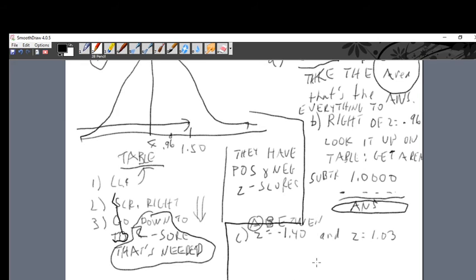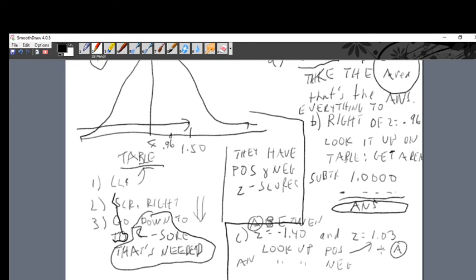Okay, so here's what you do. You look up the positive z-score and the negative z-score. Look at a positive z-score for this, and look up the negative z-score for this, right? So you're going to look up z point, which is positive.